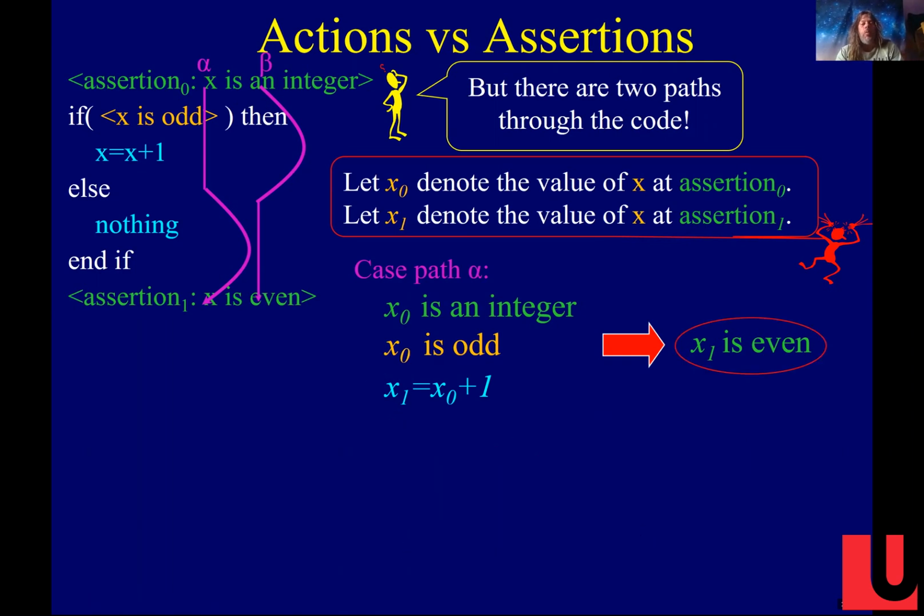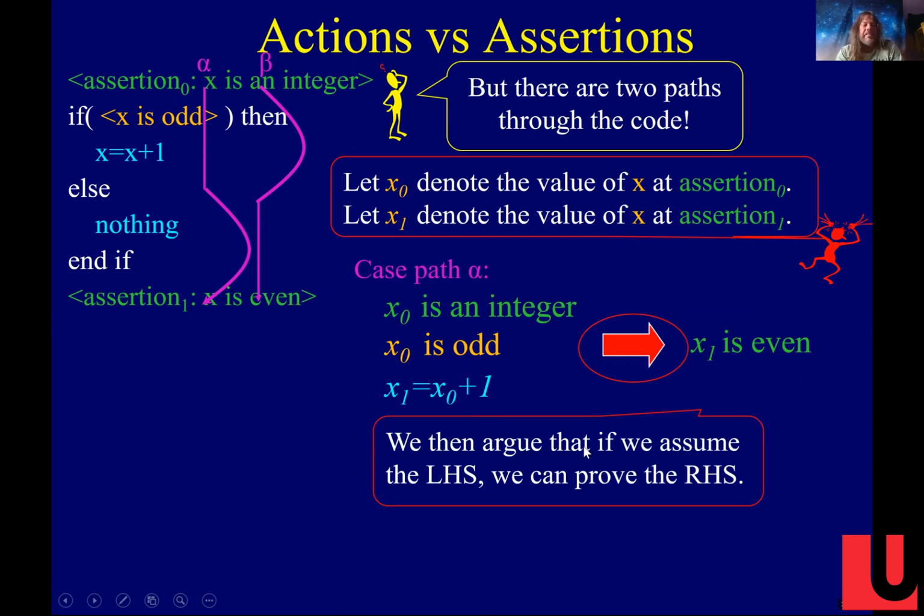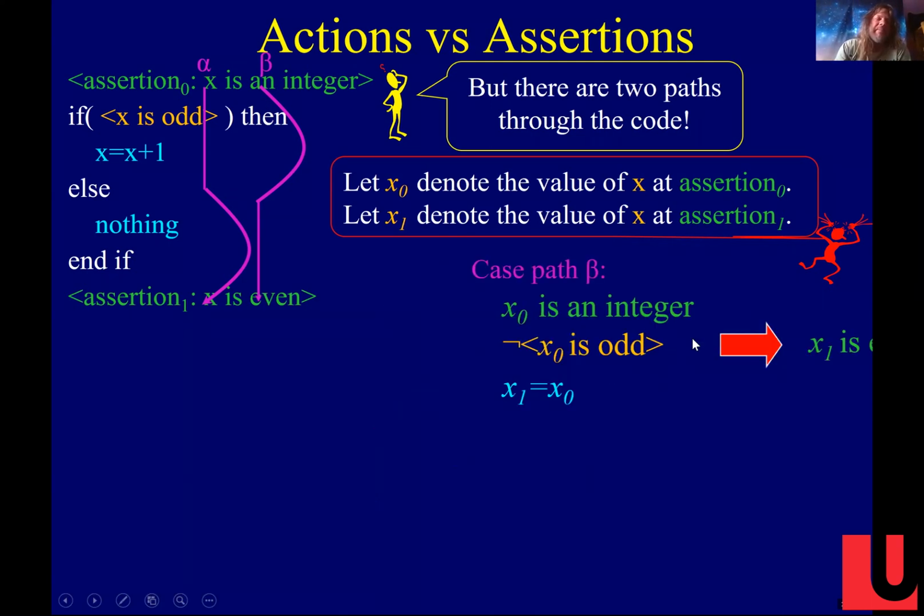And so we need to prove this. We have to prove that if all this on the left is true, right? We assume everything on the left is true, and then we have to prove the thing on the right. And so somehow you have to argue that if you assume the left-hand side, you get the right-hand side. Let me tell you what you need to do on a test.